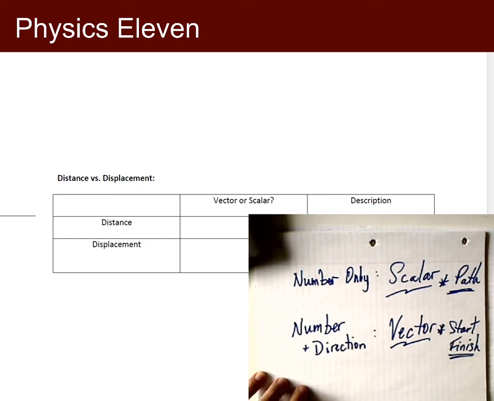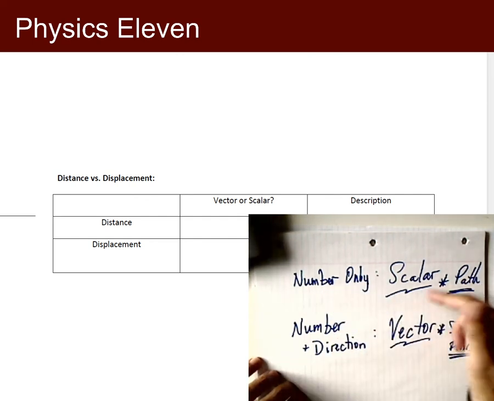In the case of displacement here that we're talking about, I mean other vectors as well. Now notice it's a bit like talking like a caveman, but that's really just to get the idea down to a small group of words that are easy to remember, right? Easy to associate. So distance, scalar, it's a path.